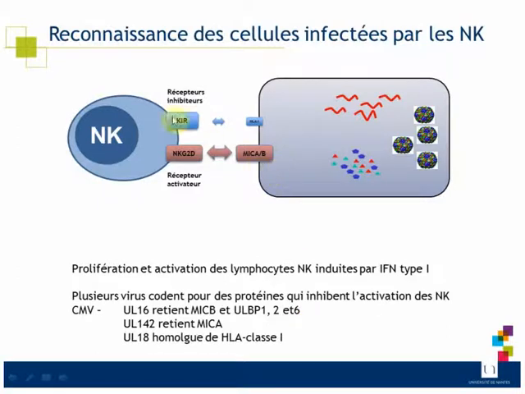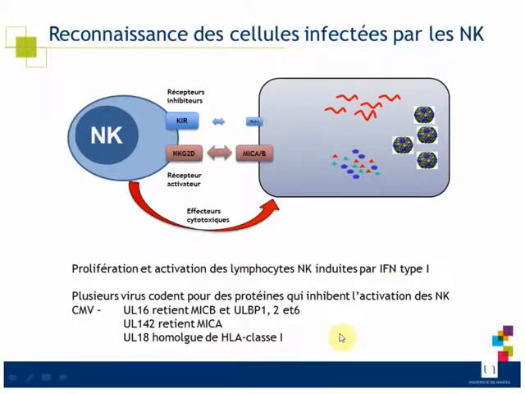So the net result is that when this NK cell meets a virus-infected cell, the inhibitory signal is very weak and there is an activating signal. That leads to secretion of cytotoxic effectors into the virus-infected cell, which will be killed. Don't forget that NK cells are part of the innate response, and their activation and proliferation are induced by type 1 interferon. So to get a very active NK cell response, you need to have interferon.